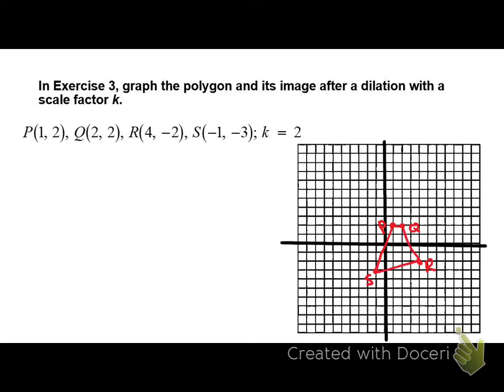Is this quadrilateral going to get larger or smaller? Larger. My scale factor is bigger than 1. So what do I do with my scale factor to find each of my new coordinates? Multiply. So 1 times 2, 2, 2 times 2, 4.